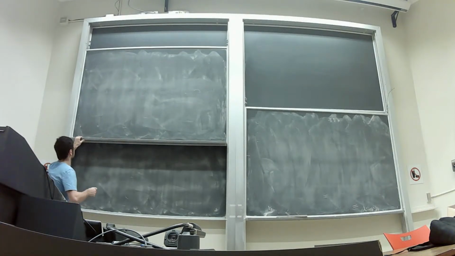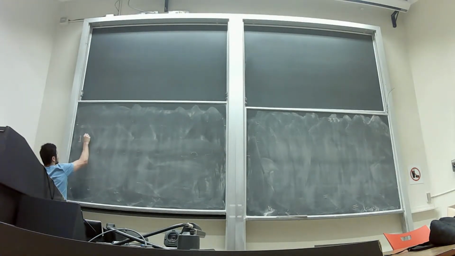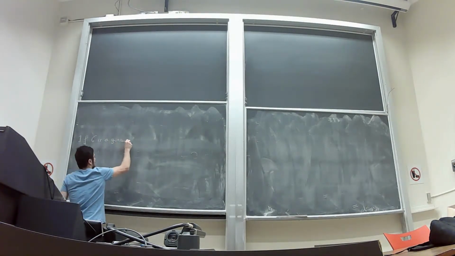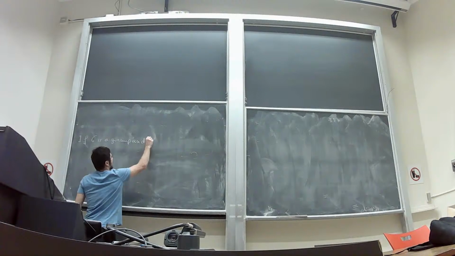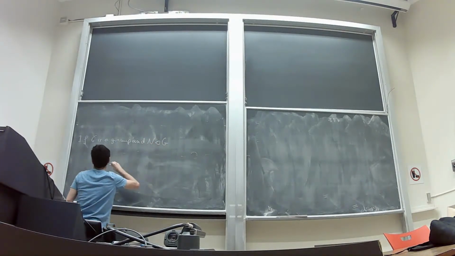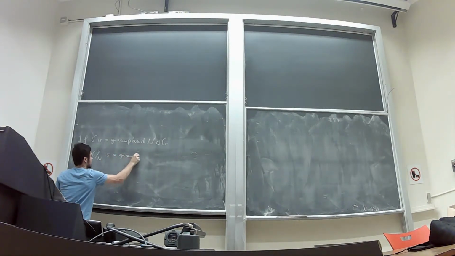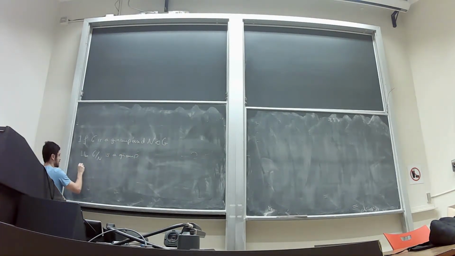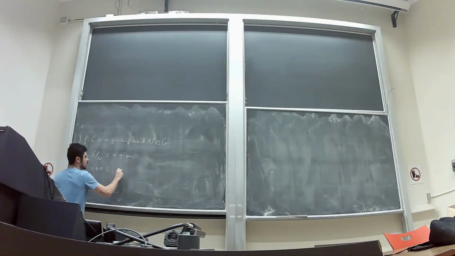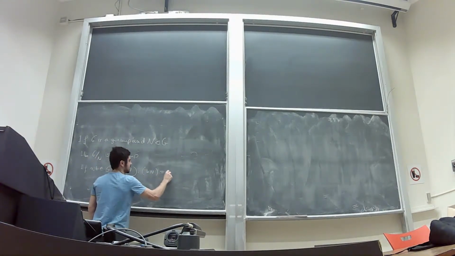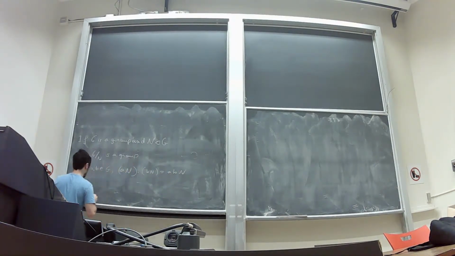Last time we saw that G is a group and N is a normal subgroup of G, then G mod N is a group by the following law. If a and b are in G, then aN times bN is abN.